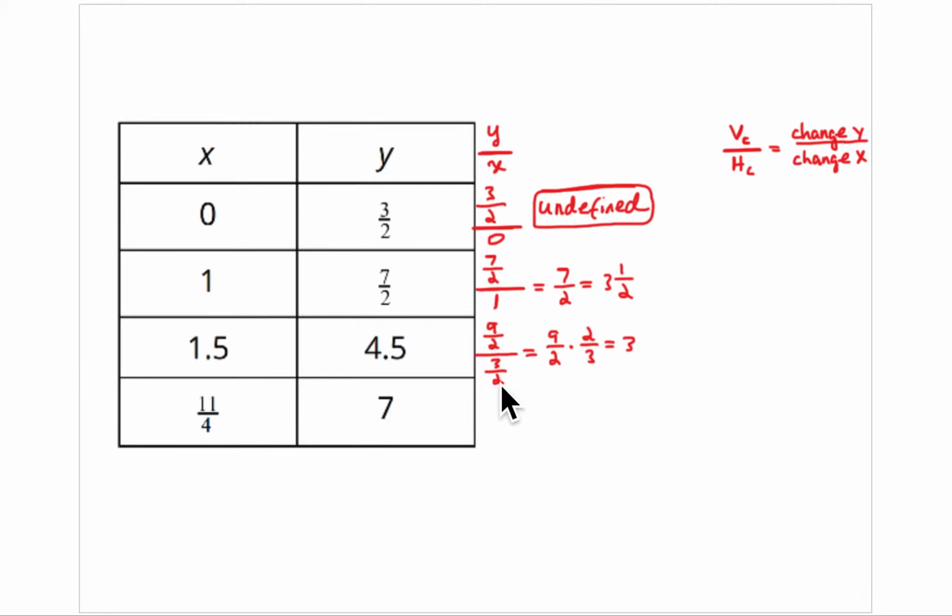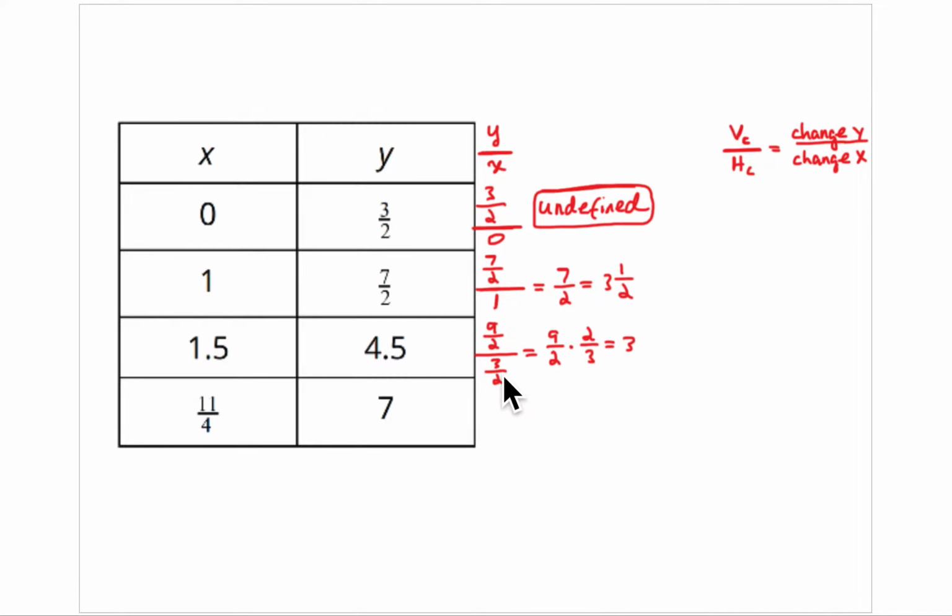And 9/2 divided by 3/2, well, 9 of anything divided by 3 of that same thing is going to equal 3. So if you use the inverse operation, which is multiplication, and the multiplicative inverse of 3/2, you're going to multiply 9/2 times 2/3.